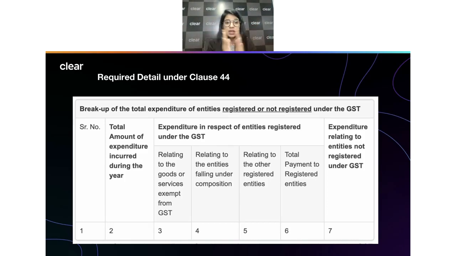That was correct. Now, let me ask you one question. When I was talking about all of this supply from an unregistered person, you clearly mentioned that all this information will go in table number or column number 7, which was right. Here, in certain transactions I would have paid the taxes, and in certain transactions I have not paid any taxes at all.